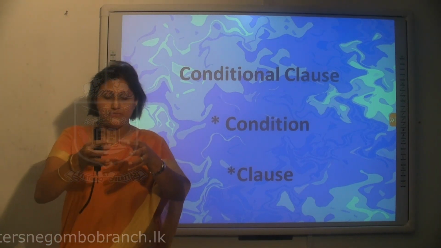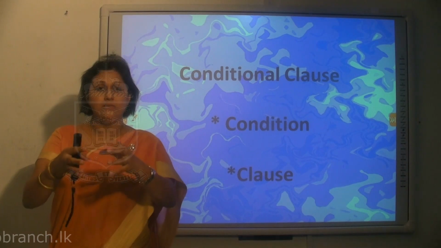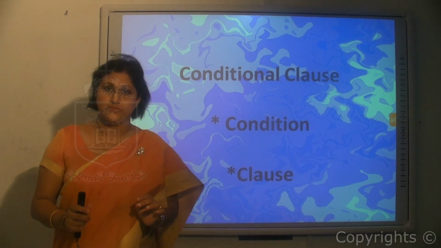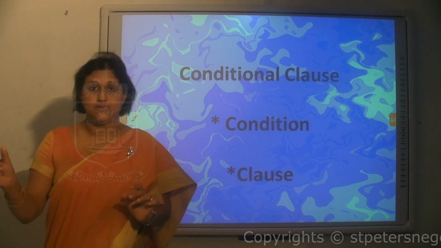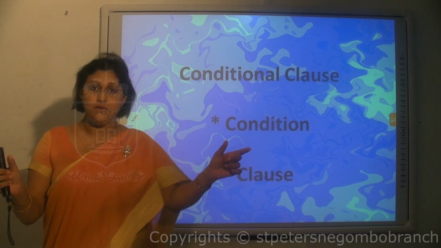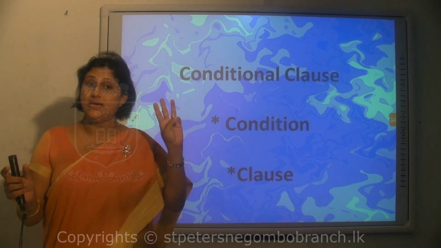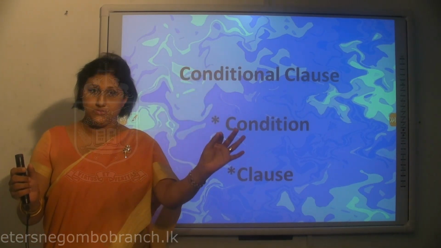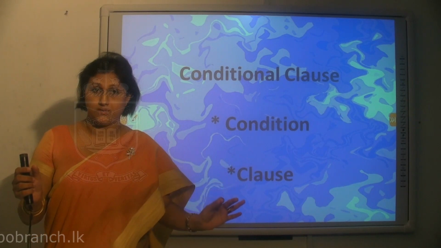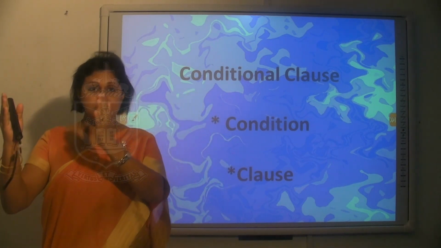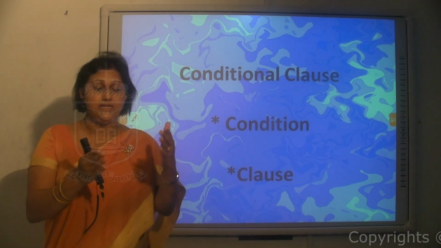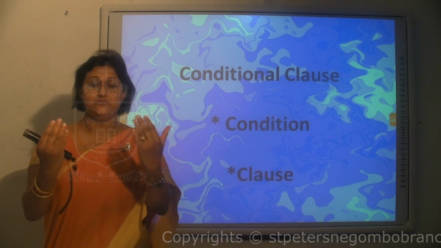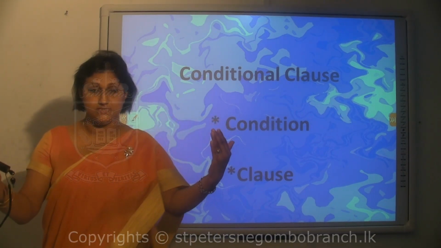So children, by picking up different words, we can make sentences. What are the main features of a sentence? A sentence begins with a capital letter, ends with an end punctuation. You all know there are three end punctuations: full stop, question mark, and the exclamation mark. And then there should be a subject, verb, and an object. With all these functions, it is called a sentence.